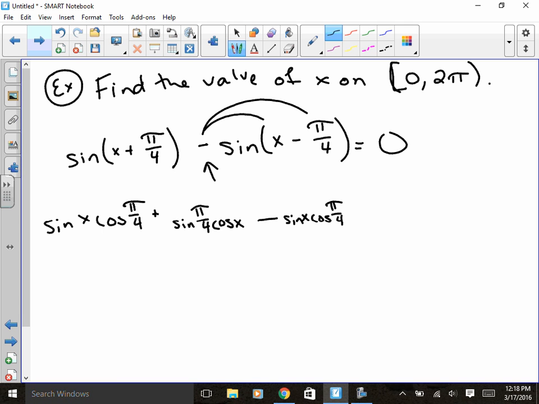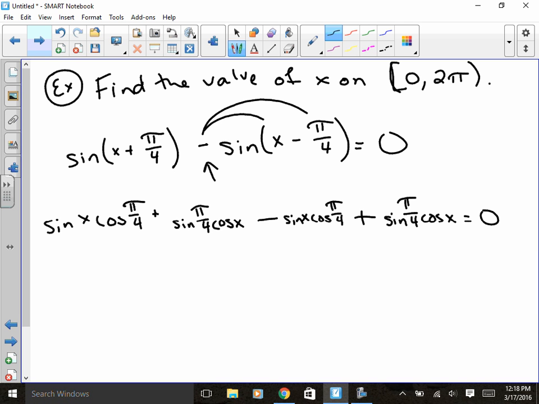Now this is where we have that double negative, so it's a negative negative, so it's going to actually be a plus there. So that's why I'm saying be cautious with that when you're doing subtraction like that. So we've got sine of pi over 4, and then cosine x, and that equals 0.